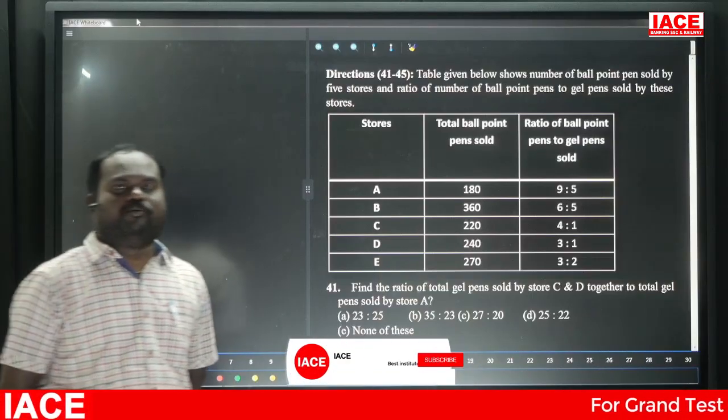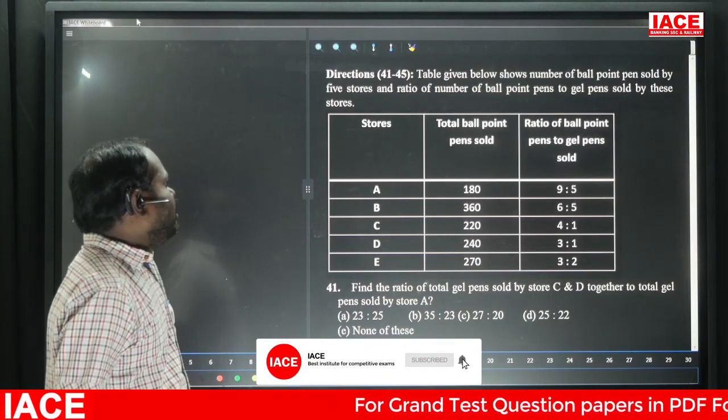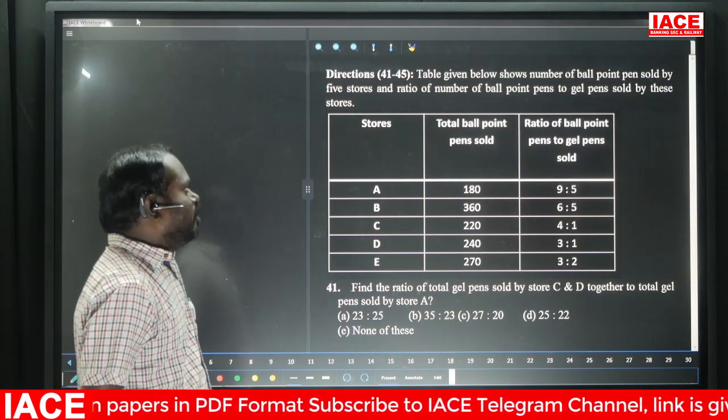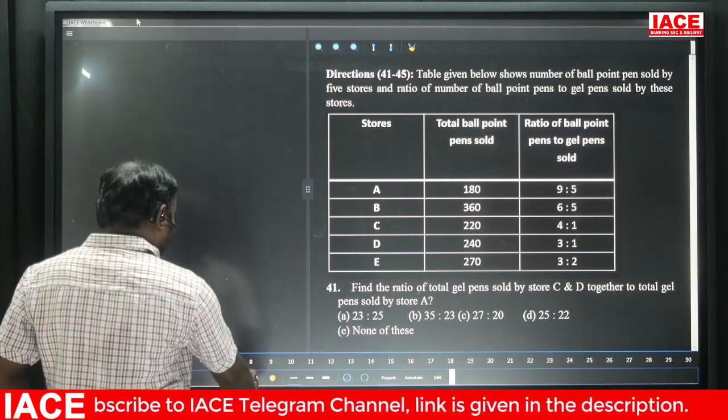Right, now we are looking at questions 41 to 45. The table given below shows the number of ballpoint pens sold by 5 stores, and the ratio of the number of ballpoint pens to gel pens.